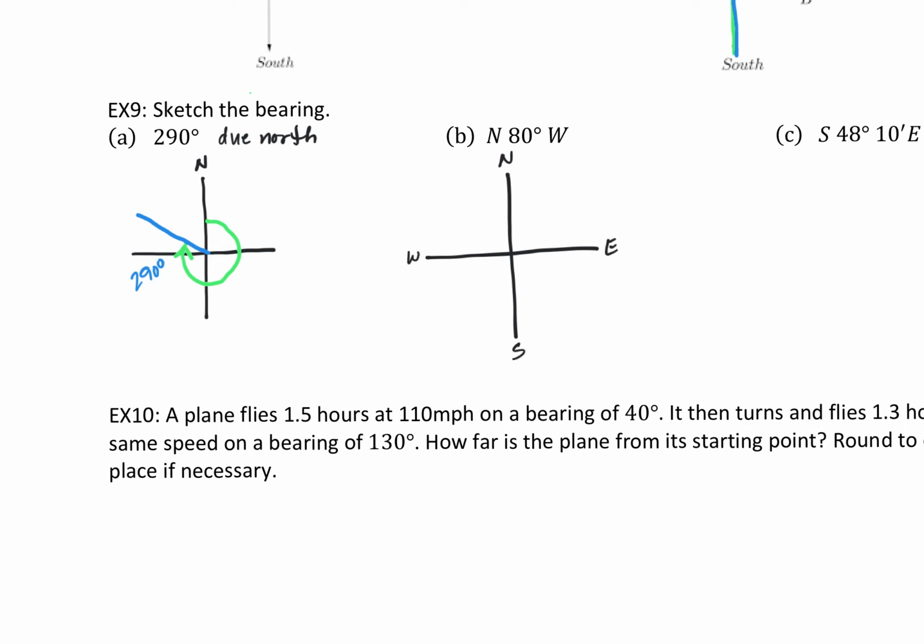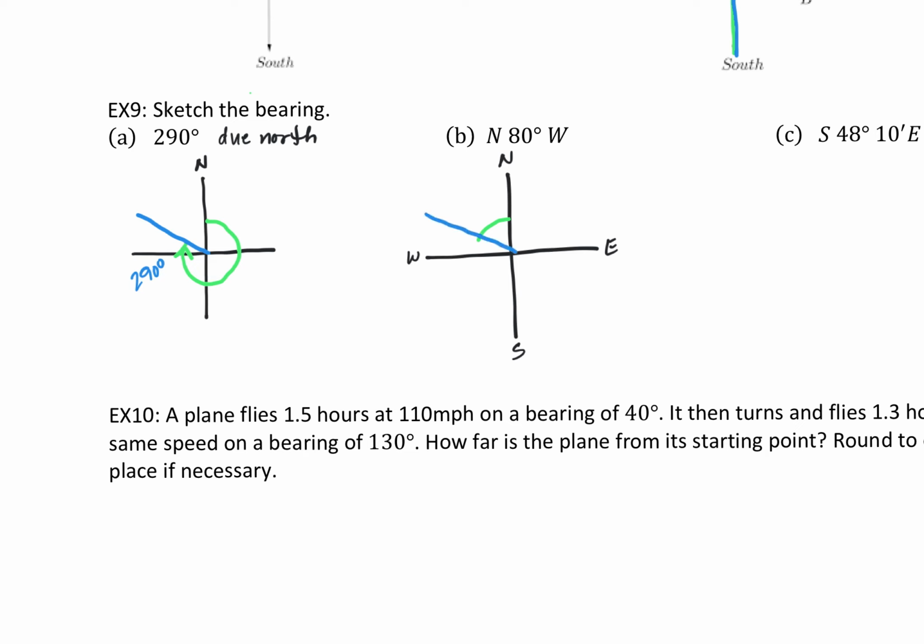And notice that when I was doing part A, I didn't bother to put in the E, W, and S because I'm just using due north, so I only needed the N. But here I'm going to start at north, and then I'm going to go 80 degrees to the west. So if we start at north and we go 80 degrees to the west, it's almost to 90 degrees, but not quite. It'll be something like this.